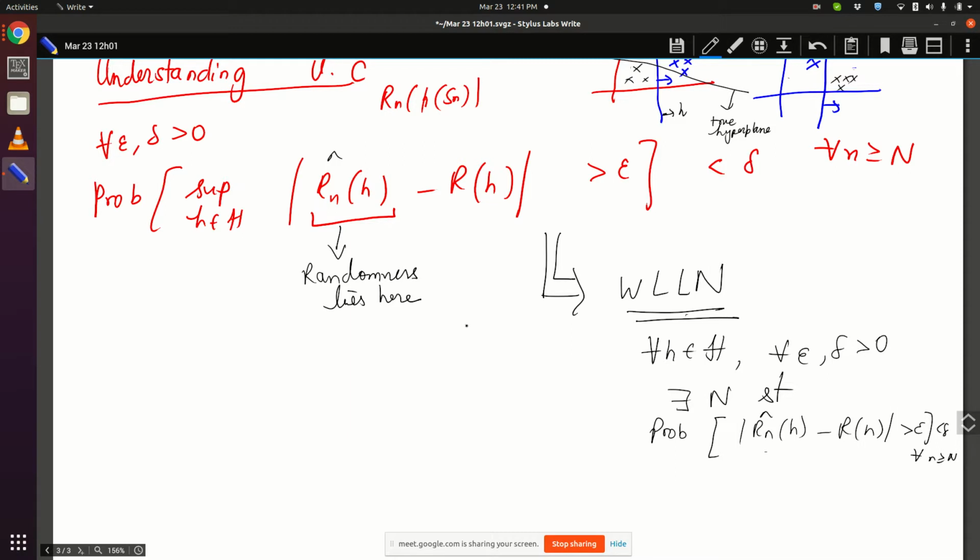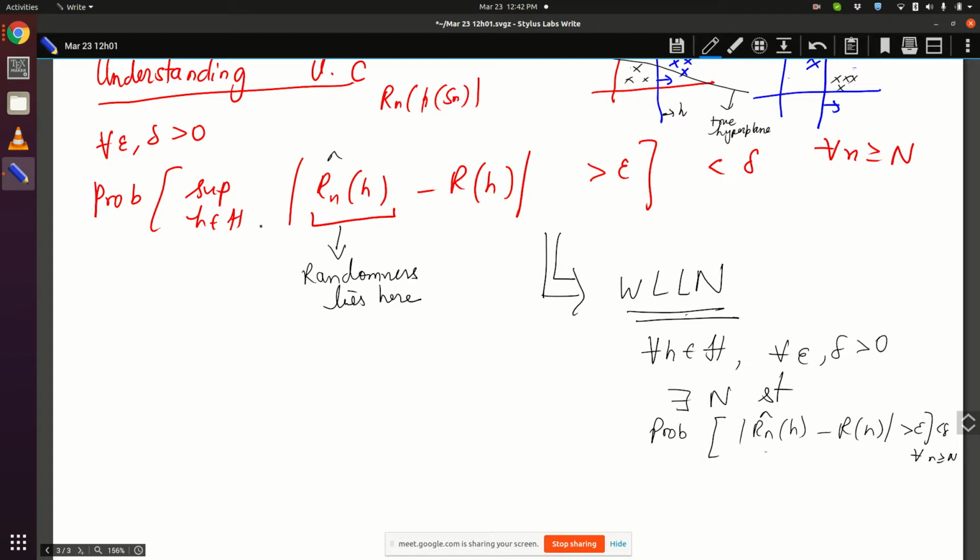So how do you show it? I guess we can keep on taking the subsets of H such that these supremums are different each time, and using this, we can show.